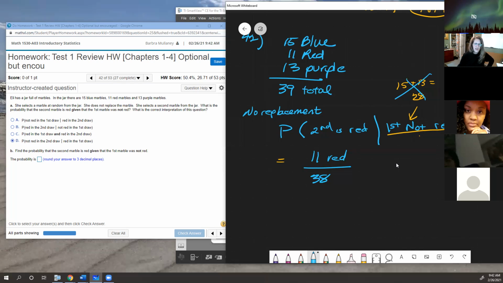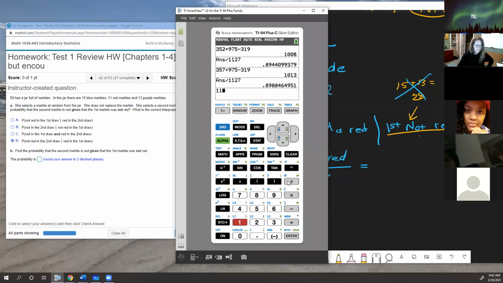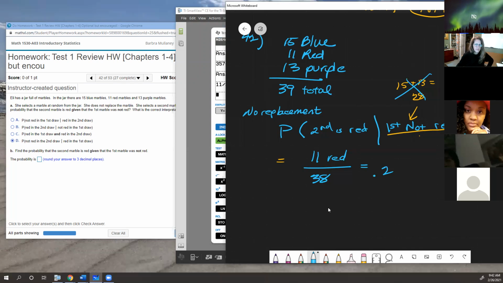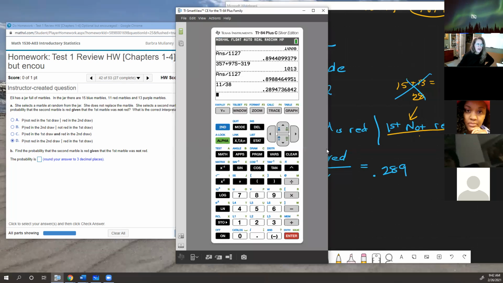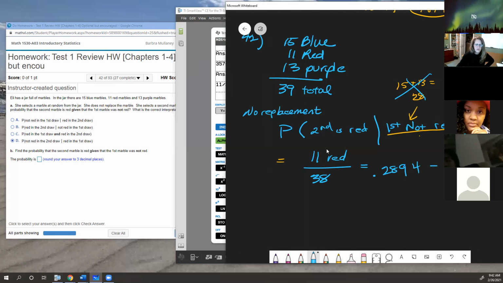So we changed the denominator from 39 to 38 because we picked a marble already, and we have a total of 11 left. That's 0.2894, so rounded to 3 decimals is 0.289.